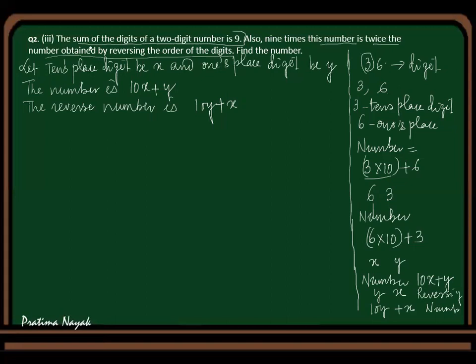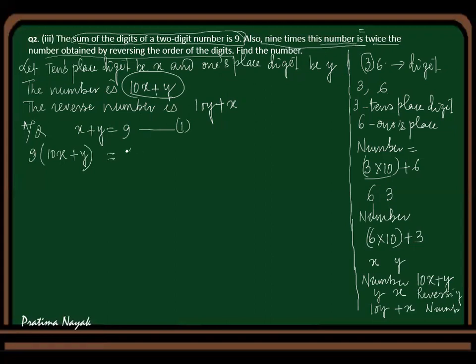Now we'll read the question. The sum of digits is 9. So according to the question, x plus y is equal to 9, equation 1. Now 9 times the number, that means 9 into 10x plus y, is equal to twice, 2 into the number obtained by reversing the order of the digits.